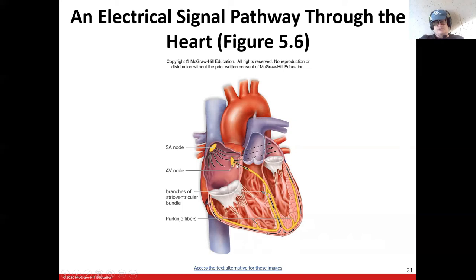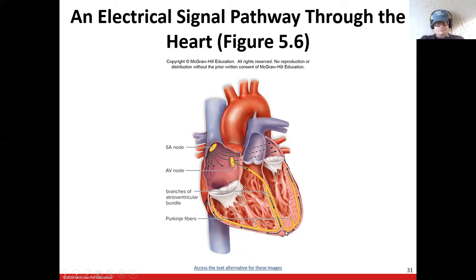So you cross a little bit, you go around the wall of the ventricle, but mostly you're traveling down to the apex of the heart through the interventricular septa.